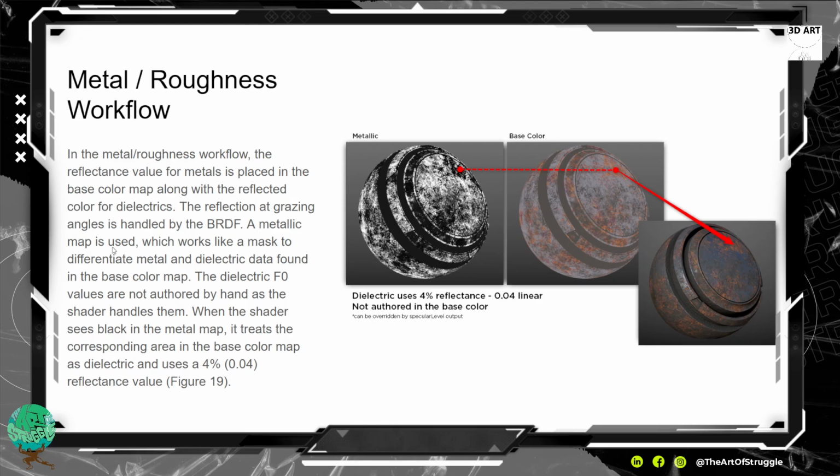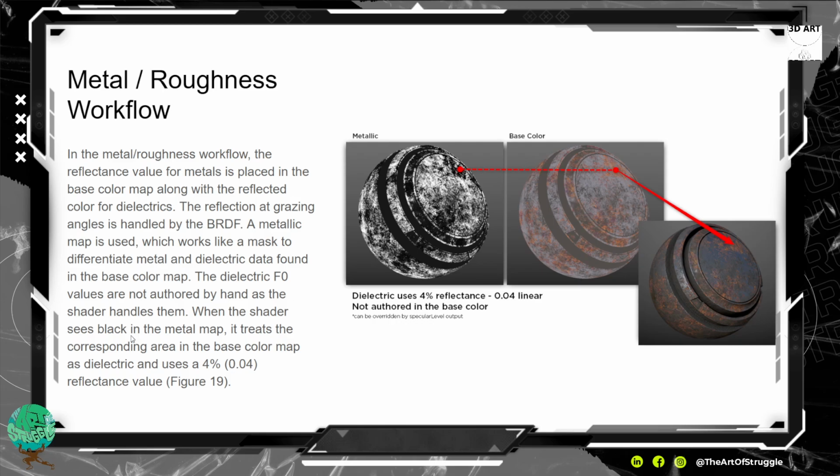A metallic map is used, which works like a mask to differentiate metal and dielectric data found in the base color map. The dielectric F0 values are not authored by hand as the shader handles them.